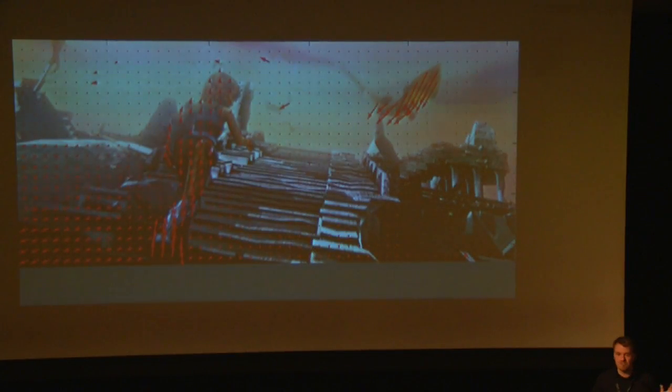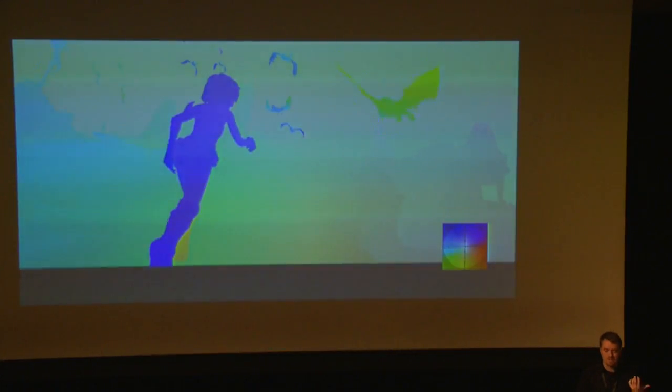So this is one possible representation with the little arrows here. It gets a little cumbersome, so instead we often look at images like this, where each pixel is color-coded according to its own motion. The hue of a pixel is its direction, and the saturation is its magnitude.